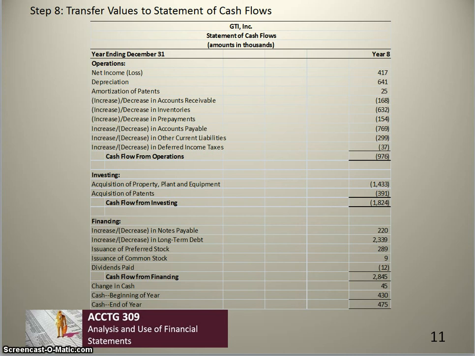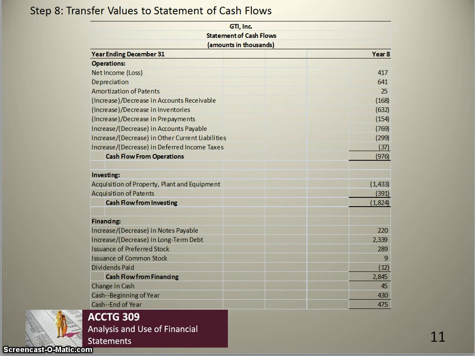So within operations, we show net income or loss. That was the amount of retained earnings that was transferred or allocated to operations. Then the add backs for depreciation and amortization. Then the changes in all of the working capital accounts, which results in a total cash flow from operations of minus $976,000.